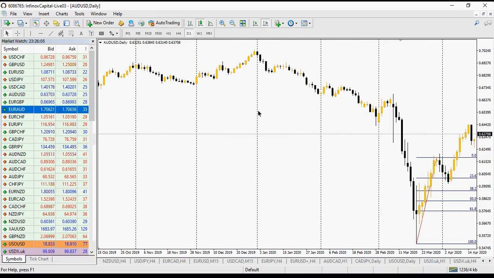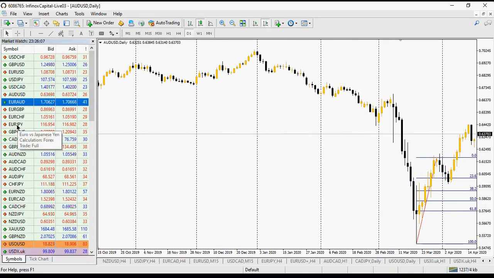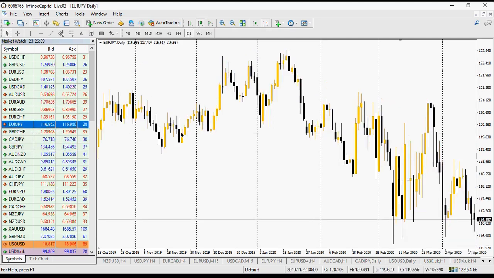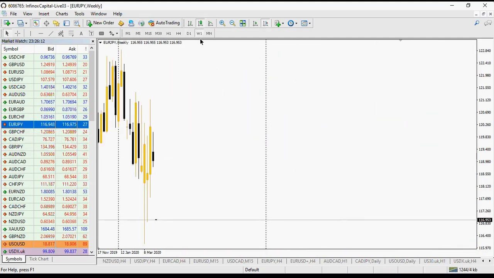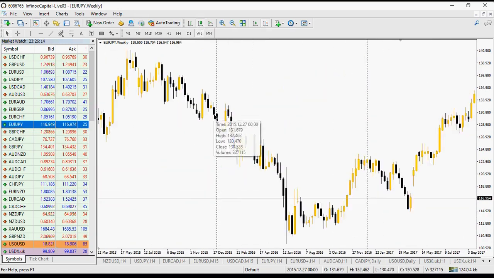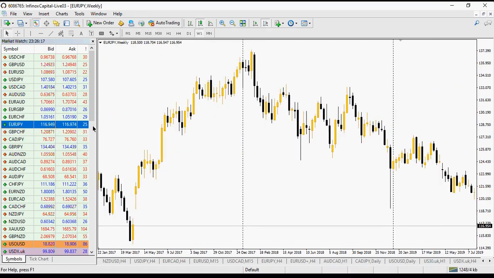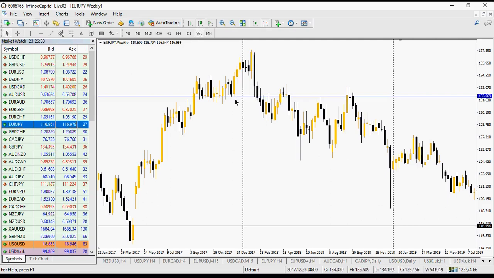But let's look at JPY. The market moved from here down to this place, and I know there's a support area here, and the market broke it down.